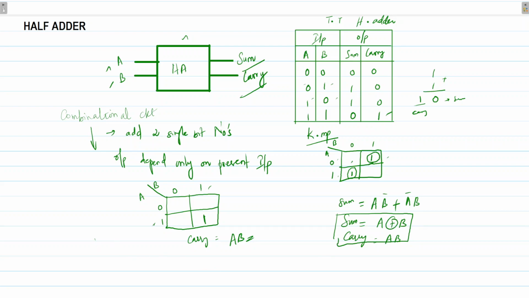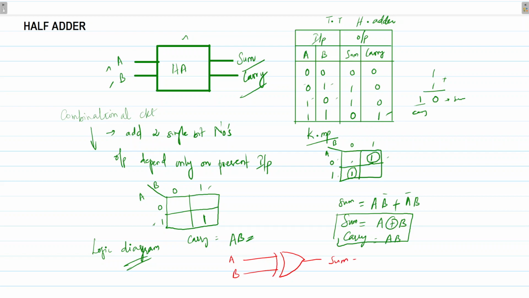Now we have to draw the logic diagram. So first we'll draw for the sum. Two inputs A, B, and for sum the output is A XOR B. So draw an XOR gate.